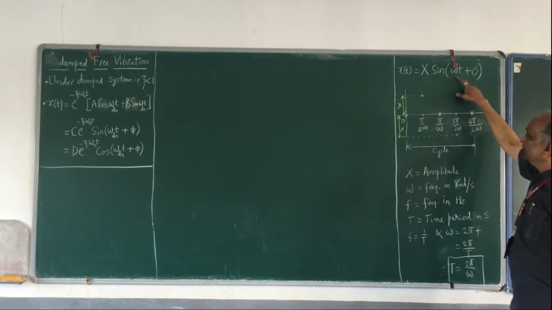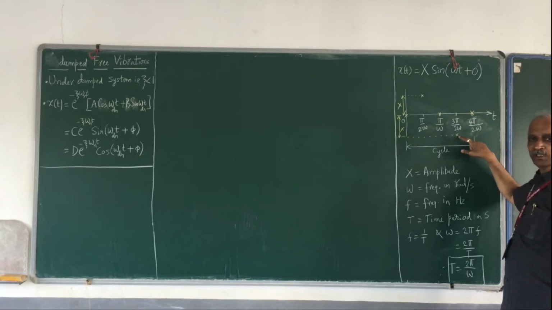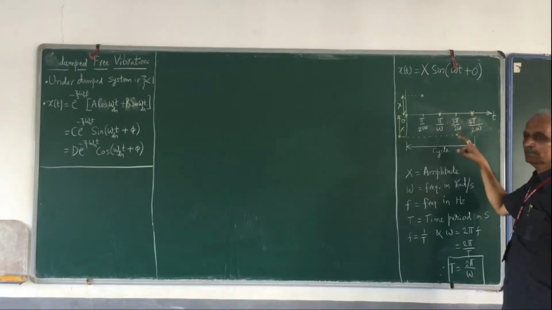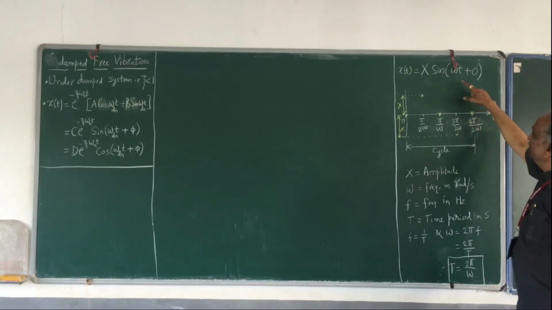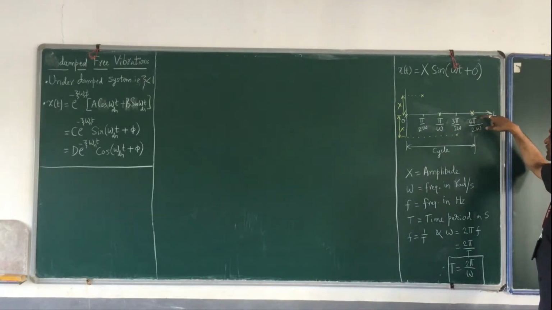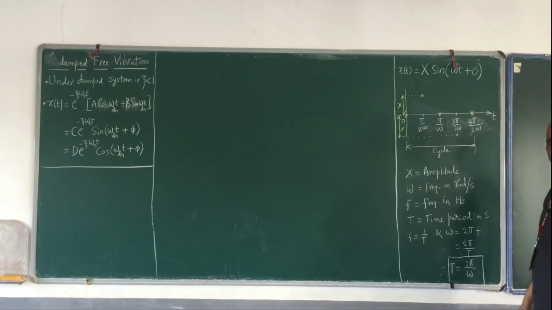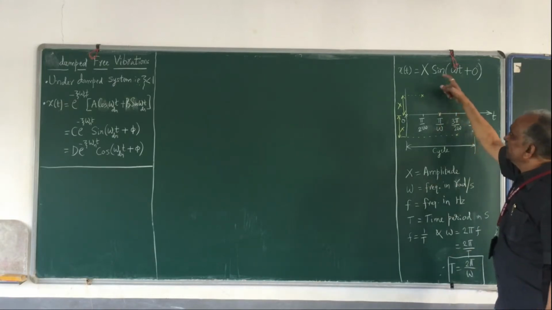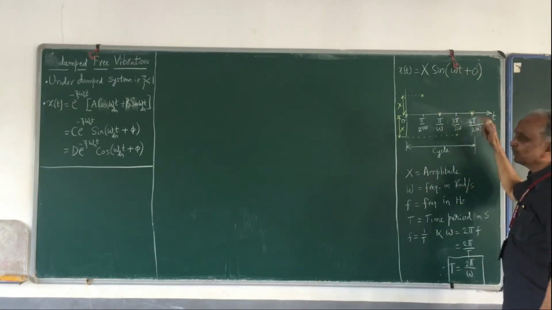So sin 270 degrees is minus 1. So minus 1 into x is nothing but this. Similarly, if you have 4 pi by 2 omega, substitute that, omega cancels, you have 4 pi by 2, which is 2 pi, 360 degrees. Sin 360 degrees is 0.